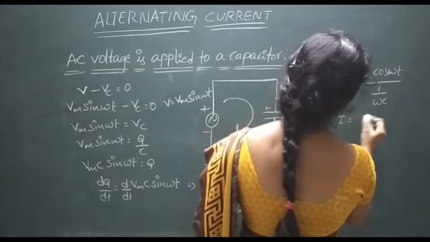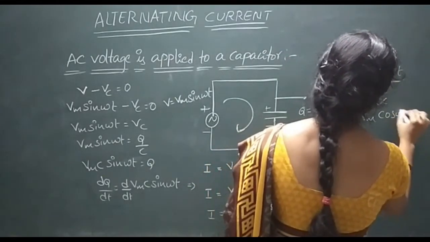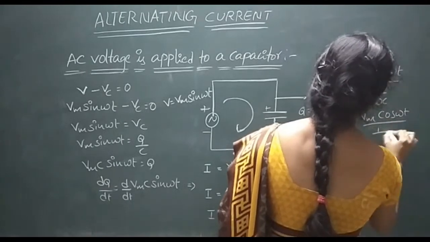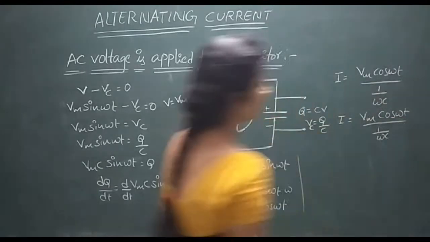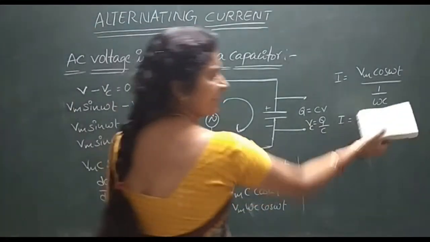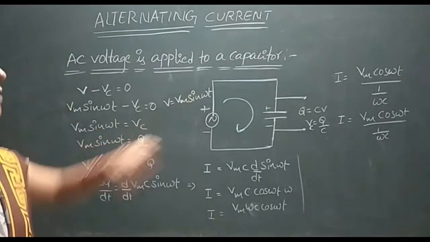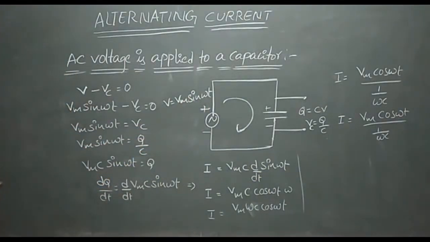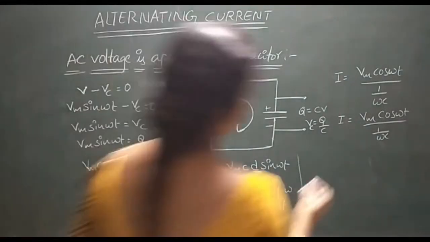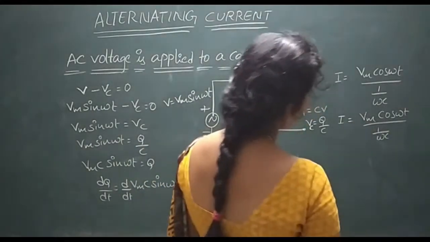So I is equal to Vm cos omega t by 1 by omega C. Here the current is in cos omega t, but the voltage is Vm sin omega t, so the voltage is in sine.